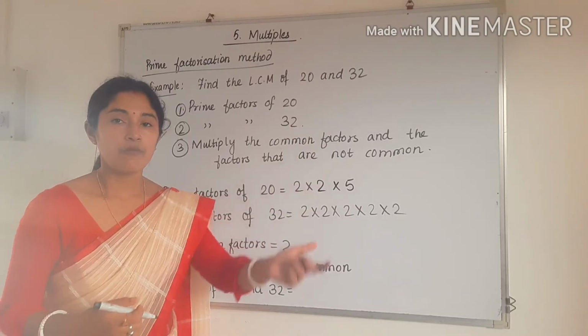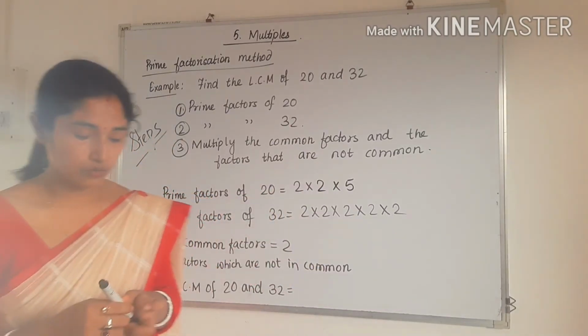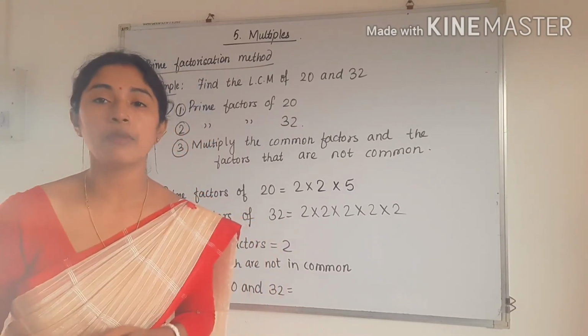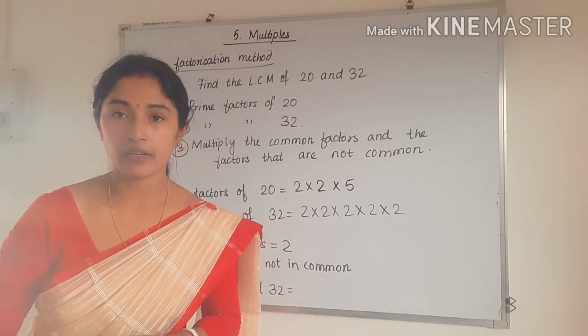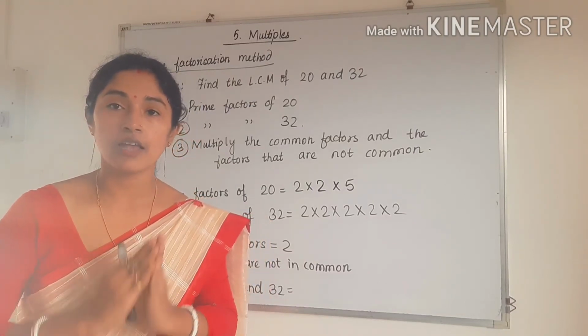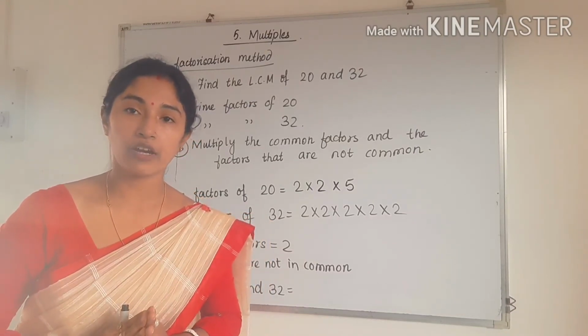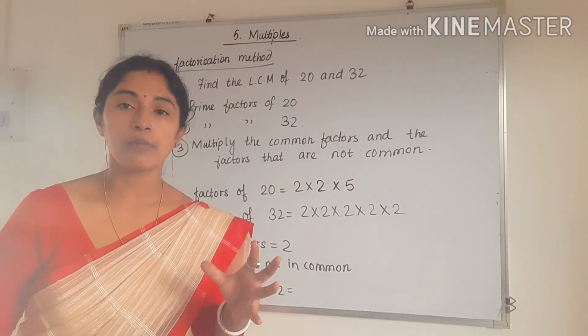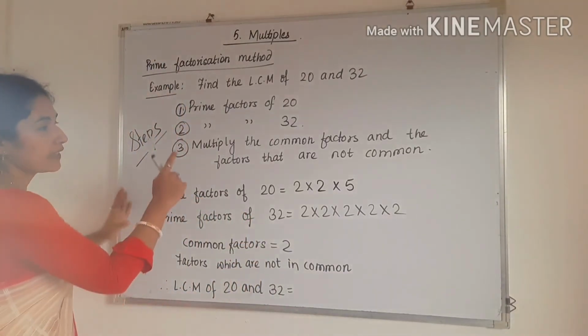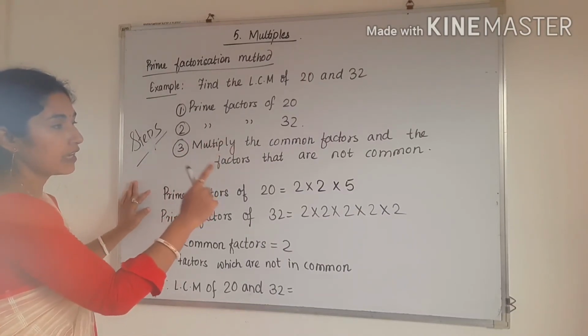Here you shouldn't confuse it with HCF. In HCF we only multiply the common factors, but in LCM we take the common factors, write the uncommon factors also, and multiply all of them.